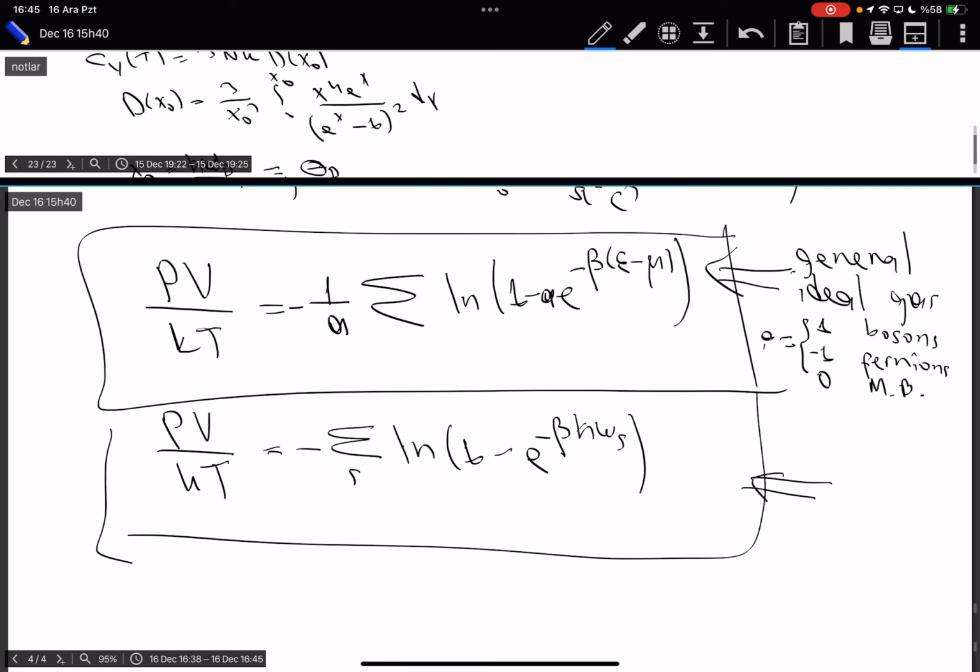Well, this is for a gas of bosons with mu equal to 0. So basically, a collection of oscillators with a fixed number of oscillators is the same thing as a collection of these energy quanta, where the number of energy quanta is not fixed, is not conserved.